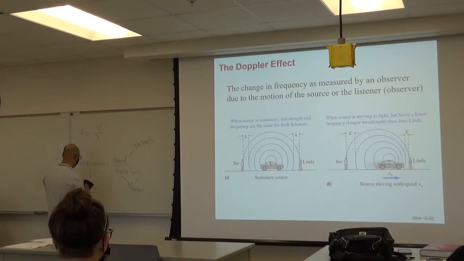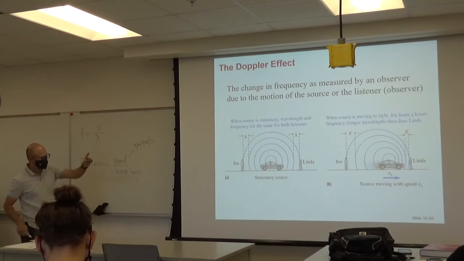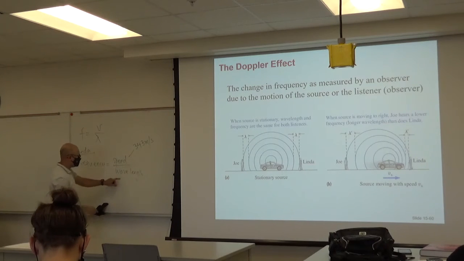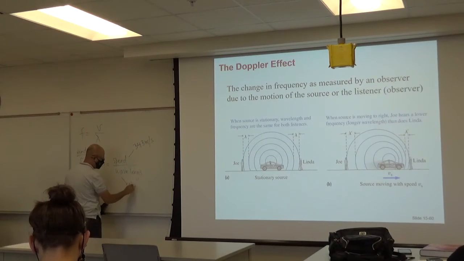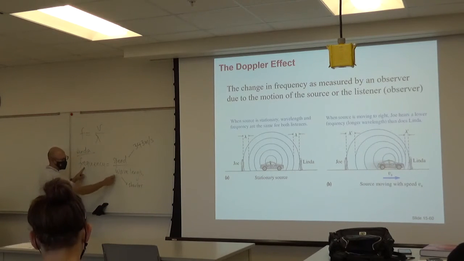So if you look at this formula, now let's consider Linda. For Linda, this one is shorter. If this is shorter, frequency and wavelength are opposite to each other. So if this goes down, this will go up.